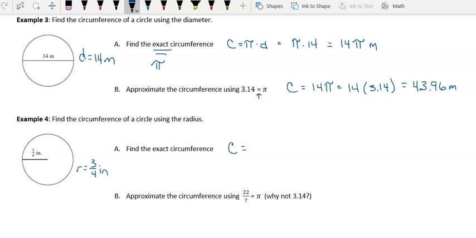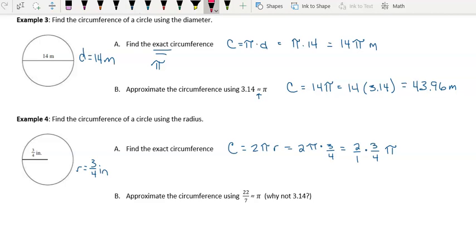So the exact circumference is going to be 2 times pi times r. Okay, so 2 pi r, we're going to have 2 times pi times 3/4. Sometimes you might just want to go ahead and put the numbers together the first time you write it down. It simplifies things a little bit, but we get 2 over 1 times 3 over 4 times pi.